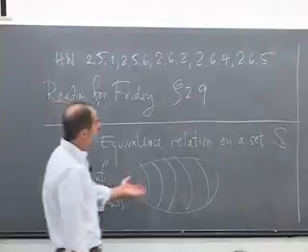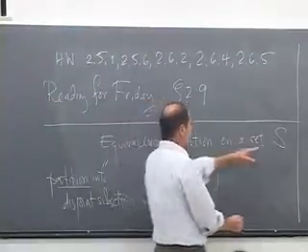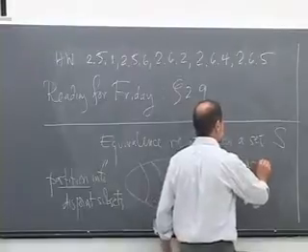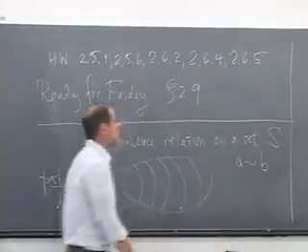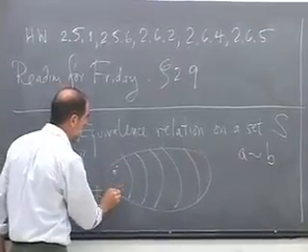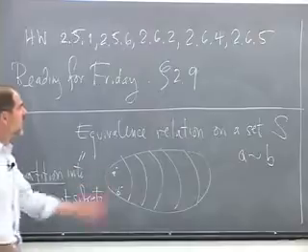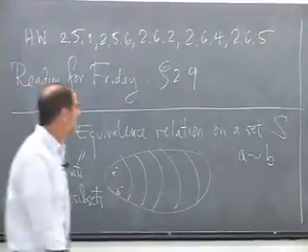And the way it's usually presented is that you write, for elements in the set, A equivalent to B, if A and B are both in the same subset. Otherwise, they're not equivalent. An equivalence relation has various properties.